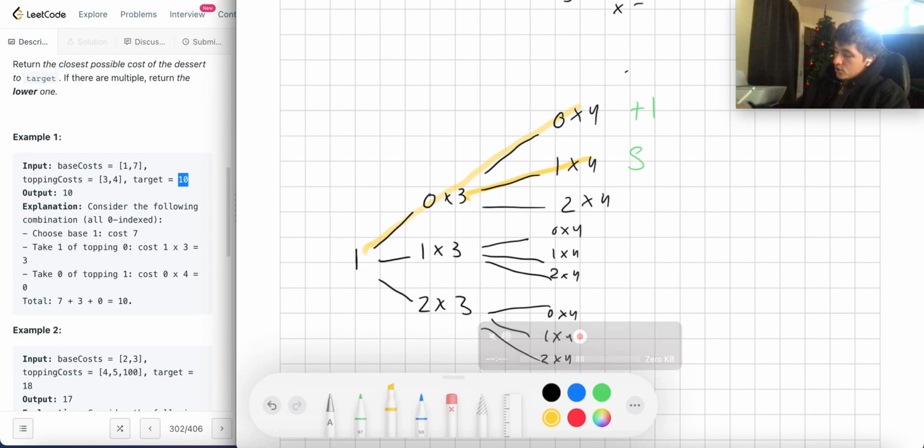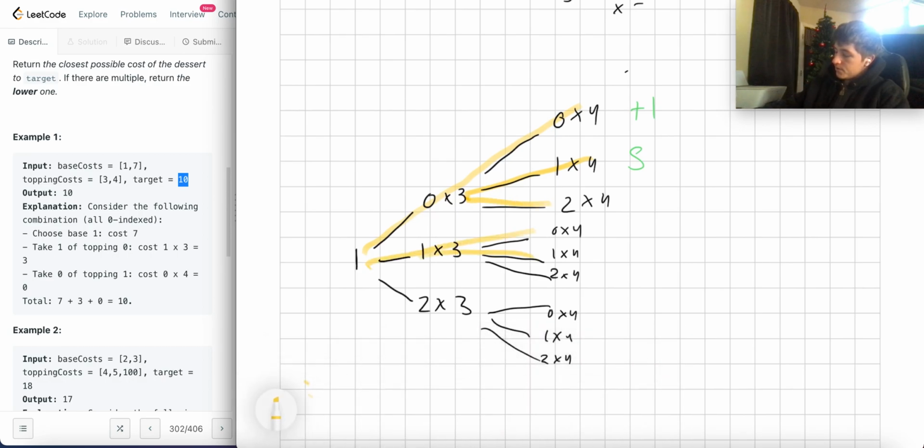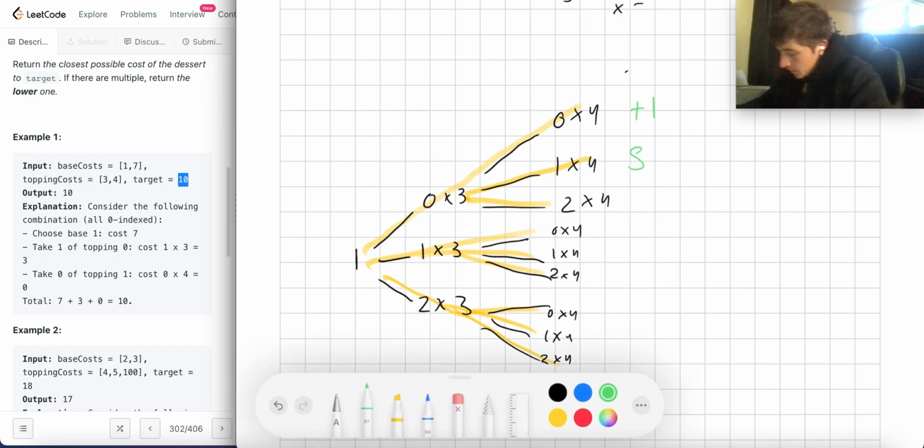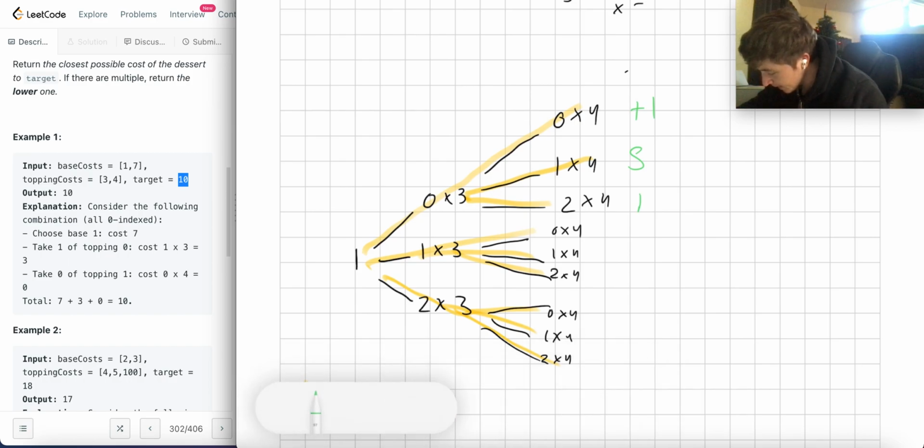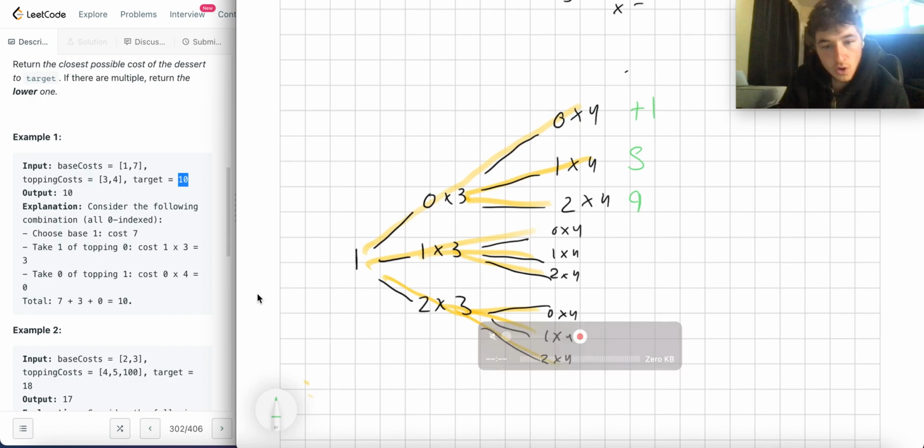And then I'll just quickly go through the rest. So if we figure out what these prices are, this is 8, 9. If I use from here to here, I cost $1 to get this ice cream. I spent $3 to use 1 serving of this topping and $0 to use 0 servings of the second topping. So I'm just summing up these paths.